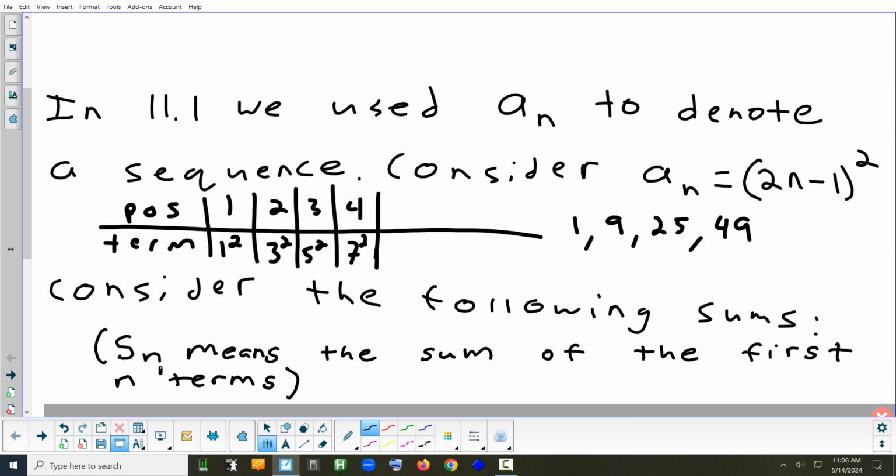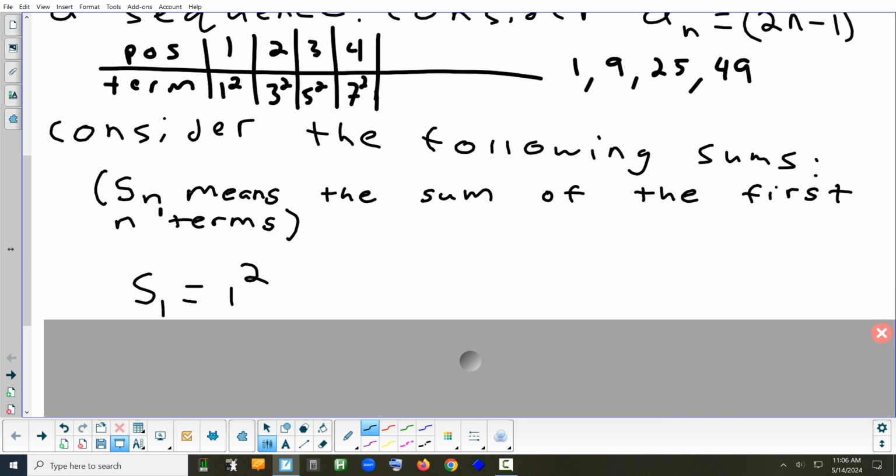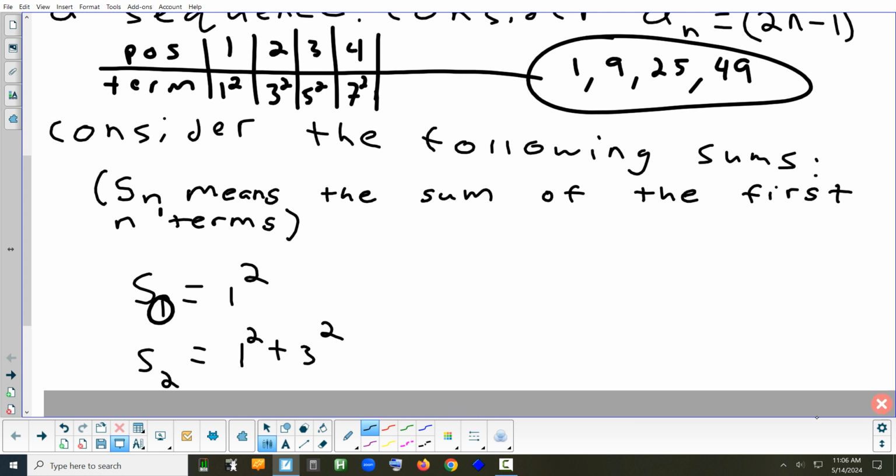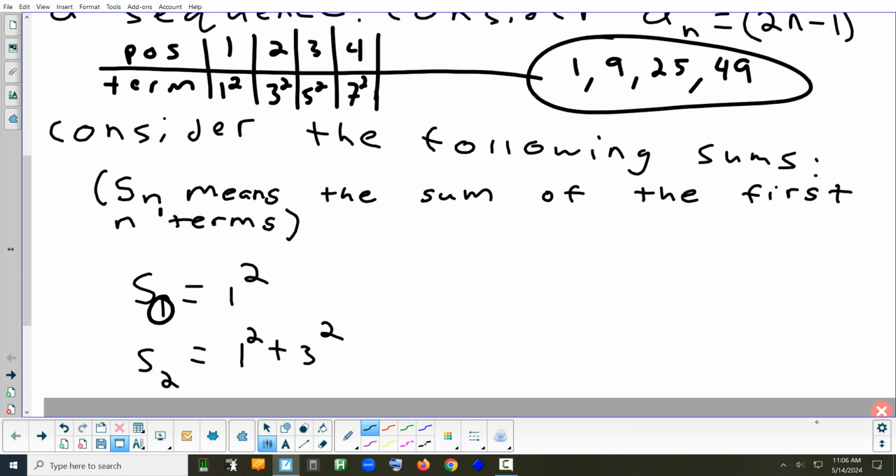So for example, S sub 1 means to look at these numbers and add up that many of them. You're adding up the first term, which is really just the first term. S sub 2 means to take the first 2 terms and add them up.